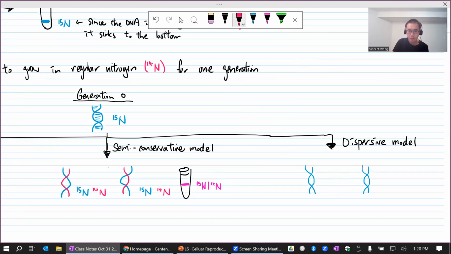And then you're gonna have some new stuff, like all over the place. Right? So it's still half new, half old, but instead of being restricted on one side, it's now all over the place. Okay. And some here, some there. So when you spin this down, where is it gonna be? Is it at the top, the middle, or the bottom?